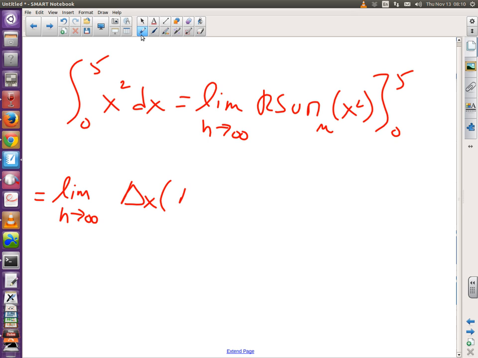So it's delta x squared. Plus, now we move over to the next rectangle. The width is still delta x, but where's the end point? 2 delta x's. And you take the function value there to get the height.